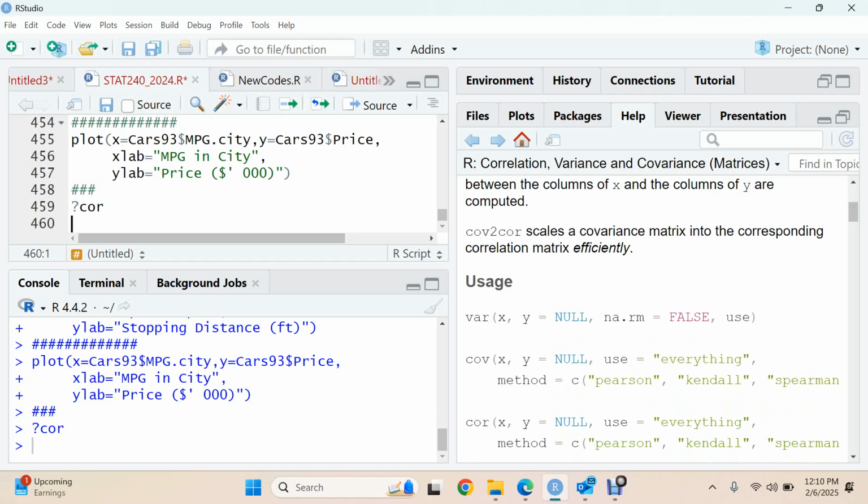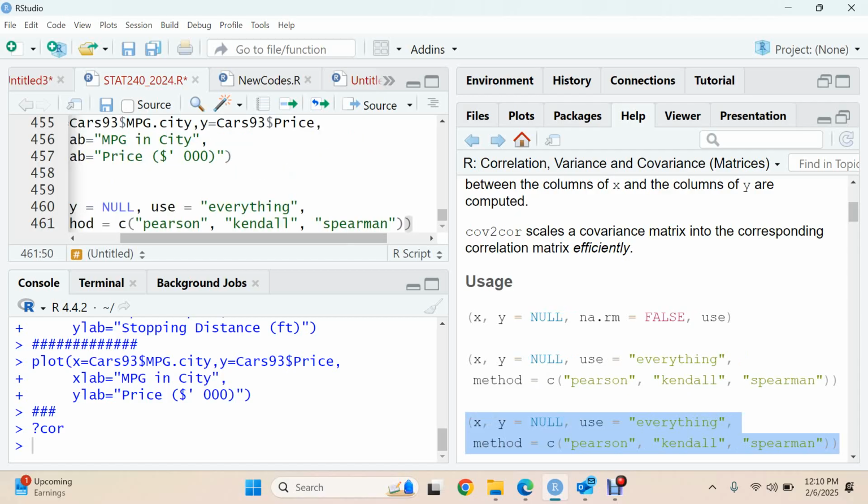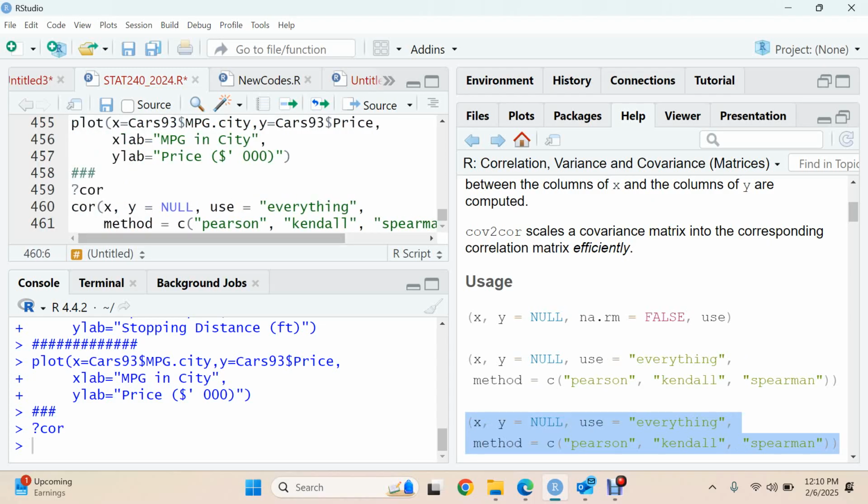We need X and Y, and remember that you have all this. So you see the three correlation coefficients are there. So let's do the immediate one. So please just copy this. We copy this. So this one we know that it should be negative, right?